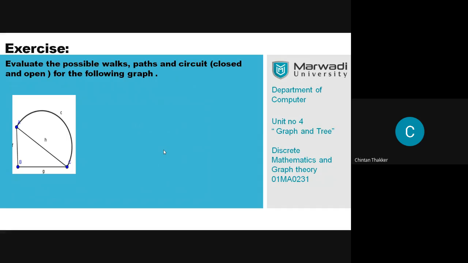Now here, first we take one example exercise over walk, path and circuit. Okay. So here you have to find a possible walk, path, and circuit. All of you have to write one walk, one path, and one circuit in the chat box.